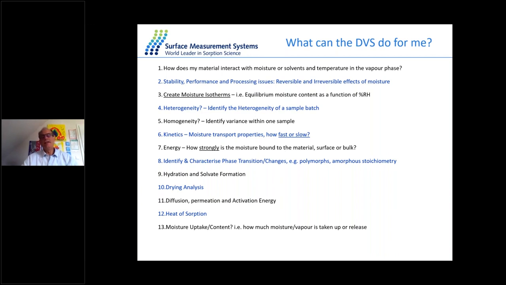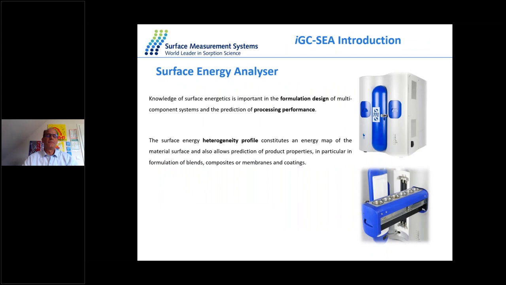It allows you to identify phase transitions, for example, glass transition as a function of humidity, hydration and solvate formation, drying analysis for the DVS Vacuum, diffusion and permeation measurements and activation energy, heat of absorption, and of course, moisture uptake, moisture content, all those values.